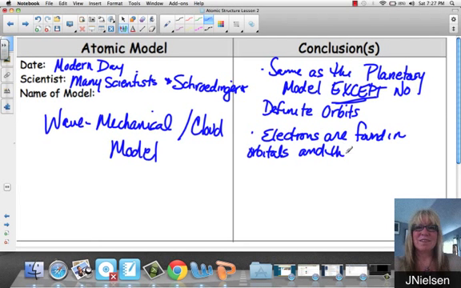And their location is not well defined because they're constantly moving.